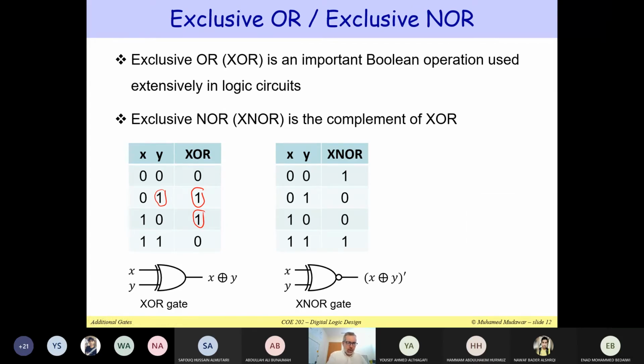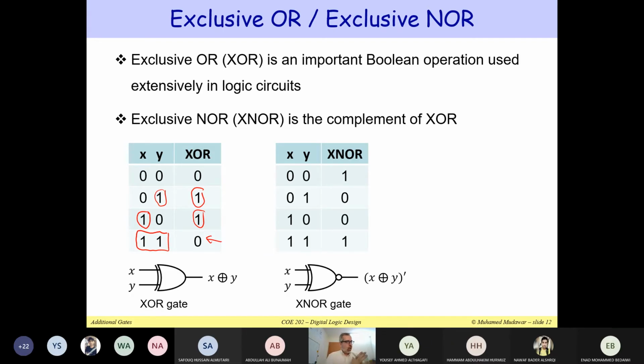Here, X is equal to a 1. So when exactly one of the inputs is equal to a 1, then the output will be equal to 1. Notice that when both inputs are 1 and 1, you get the output equal to 0, not 1, because this is exclusive OR. You have to have exactly one of the inputs equal to 1, not both inputs.